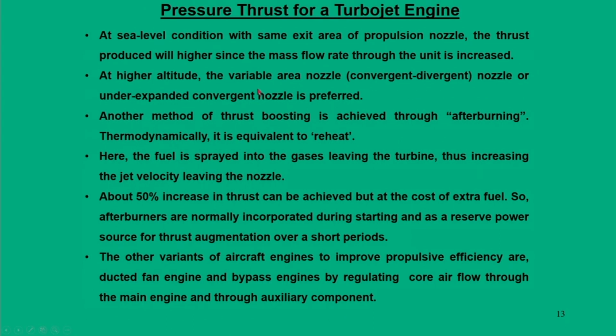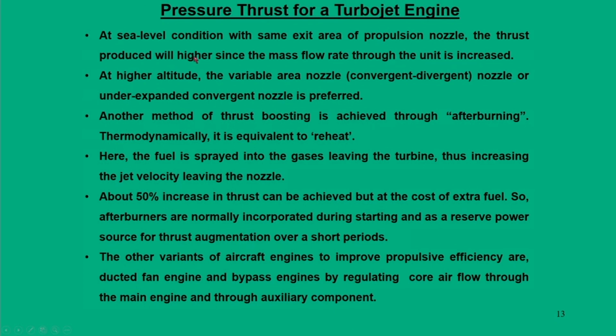And the other concept in the pressure thrust calculation in turbojet engines has some salient features. What are they? At sea level conditions, with the same exit area of the propulsion nozzle, the thrust produced is higher because the mass flow rate through the unit is increased.